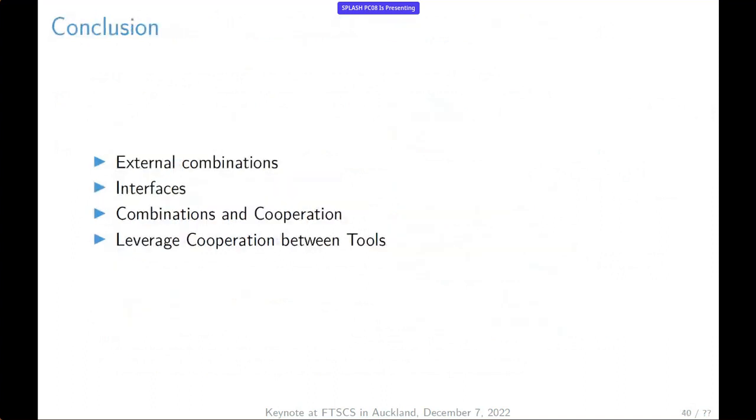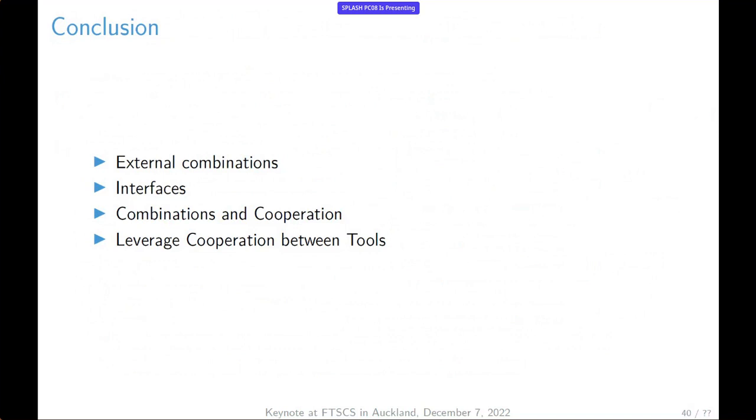Okay, so this ends my presentation. The point I wanted to make is there are external combinations possible, and I think we need to go in the direction of seeing verification tools as libraries or as off-the-shelf components that we can and should use. But we need interfaces, and we need more interfaces. I have outlined and gave you an idea of how interfaces could look, but there are many more that we don't know yet.